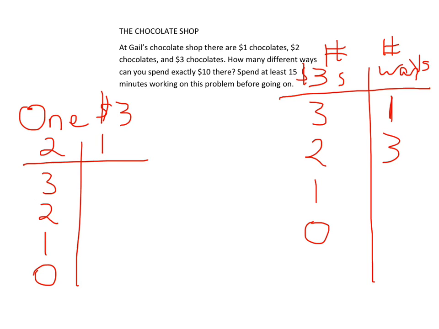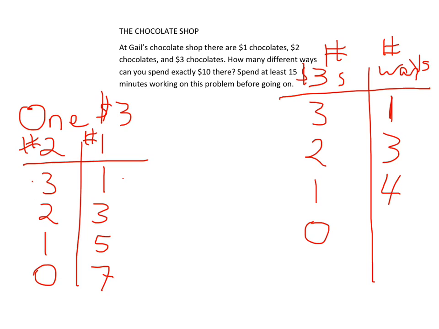If we have 3 2s, then we'd have 1 1; 2 2s, we'd have 3 1s; 1 2, we'd have 5 1s; and no 2s, we'd have 7 1s. So this is all the ways if we buy one $3 chocolate. So one $3 chocolate and 3 2s and 1 1 makes $10, or 2 2s and 3 1s makes $10, etc. So that's 4 ways.